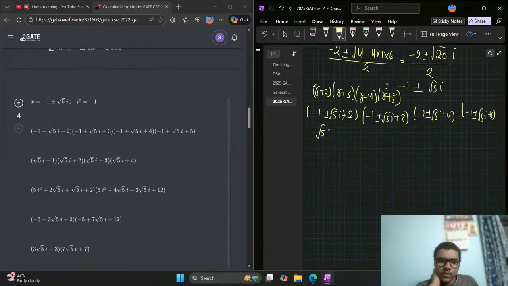Root 5i. Let's take the positive roots for simplification. That is plus 1, that is plus 2, that is plus 3, that is plus 4.